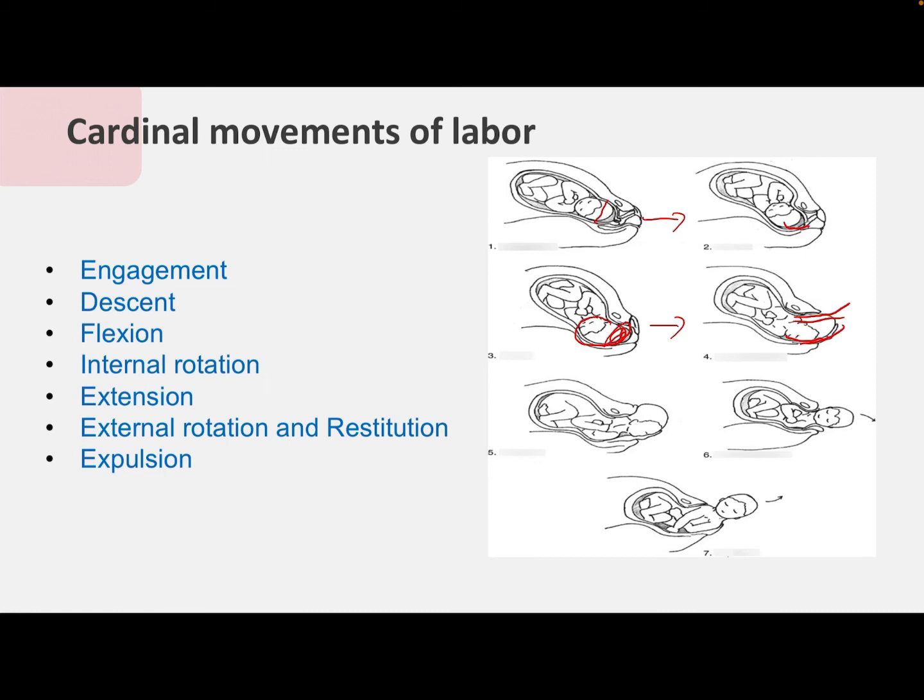Then moving forward to the extension. Here the occiput slips beneath the suprapubic arch as the head extends, and the nape of the neck pivots against the arch. Extension of the head causes stretching of the perineum. Moving forward to the external rotation and restitution, here the head of the fetus externally rotates to face the right or left medial thigh of the mother, and at the same time the shoulders rotate from the transverse position to the anterior-posterior position.